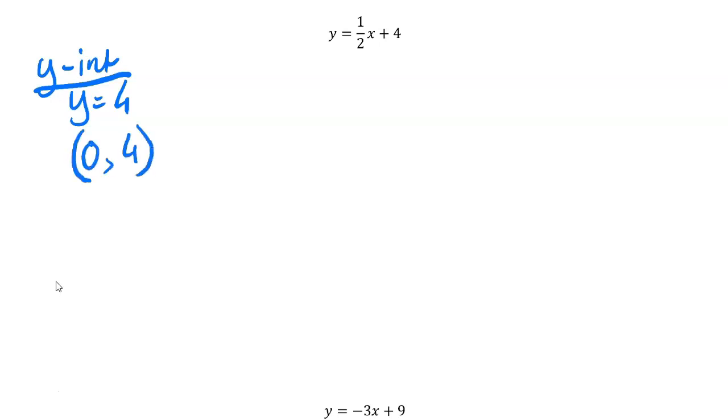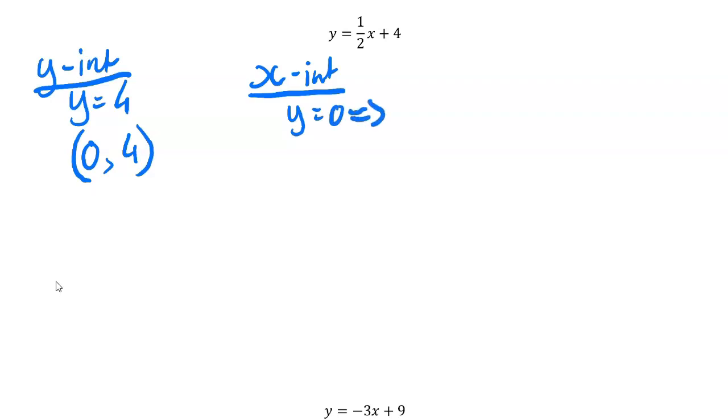Alright, so we've got y equals half x plus 4. So we know our y-intercept will be at y equals 4. So that's our coordinate 0, 4. Our x-intercept is where y equals 0.